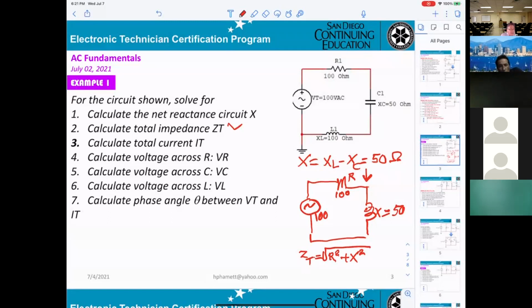Then if you want to calculate the total current IT, that means now you're working with only one circuitry, RC or RL. IT equals VT divided by Z total. So whatever you calculate for Z total here.